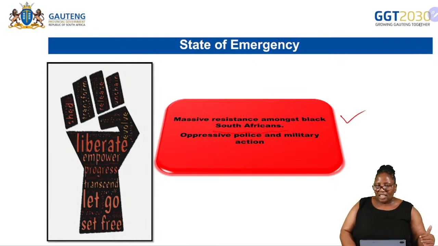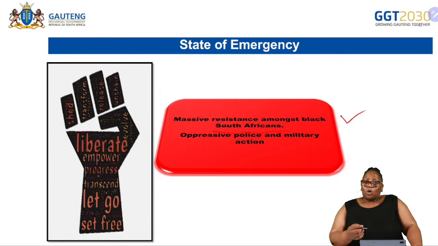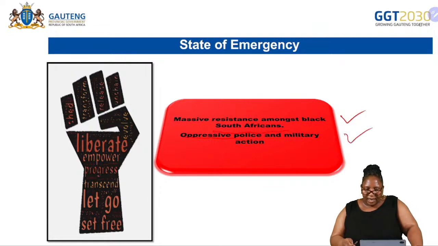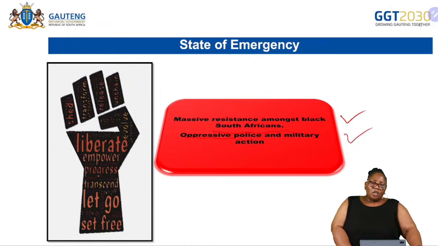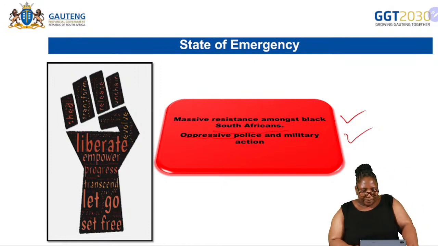They decided to have a massive resistance because there were oppressive police and military action against them. So a state of emergency was declared that restricted people's movement, and you had a set of rules that one had to abide by.